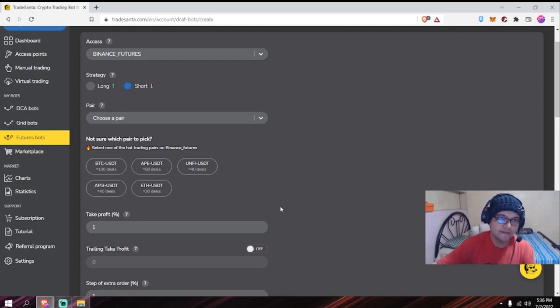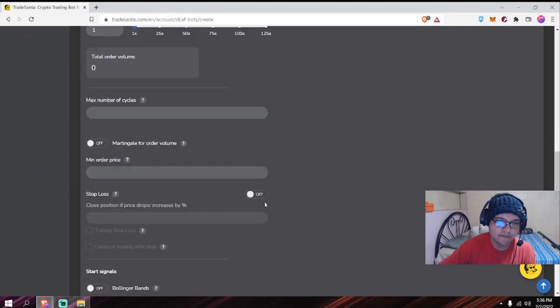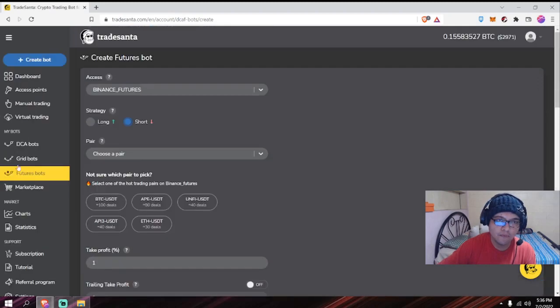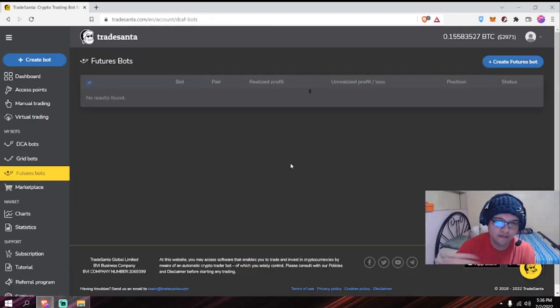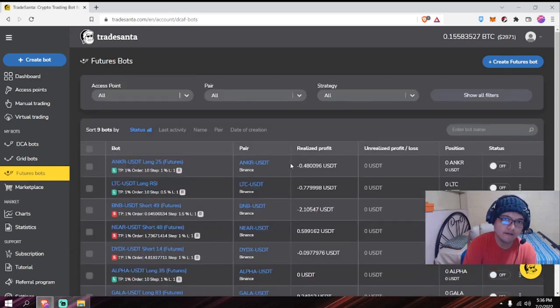The thing is, man, it doesn't matter what bot you create. If you create a long trading bot, and we are currently in a downtrend, you will keep losing money.